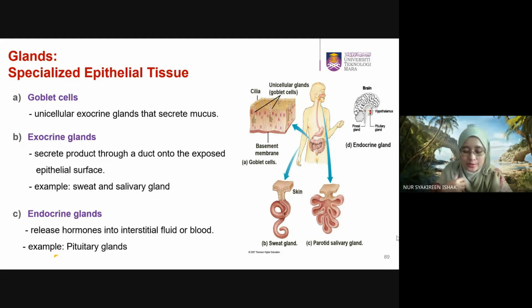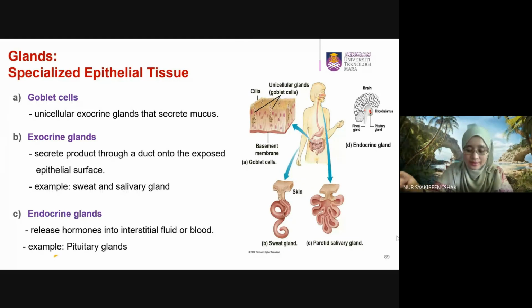And then exocrine glands secrete enzymes into ducts, such as, for example, the pancreas. The pancreas secretes digestive enzymes into the first part of the small intestine, which is the duodenum. So exocrine glands function to secrete enzymes into ducts.